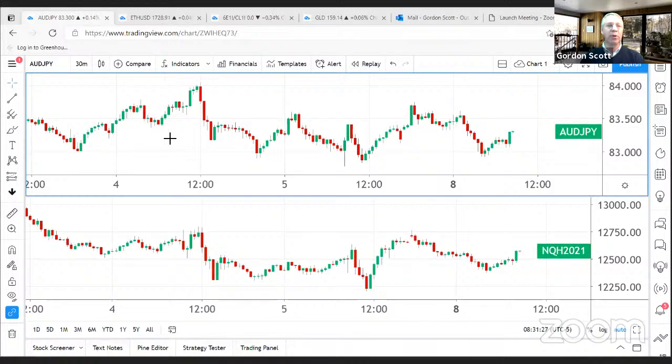Okay, there we go. What we're looking at is the Aussie yen 30-minute chart compared to the NASDAQ. Now, for those of you who may not have heard it before, I like to look at this currency pair compared to this futures price action because they are highly correlated over time, usually more than 70% correlated, about 75% correlated. It's kind of a weird thing.